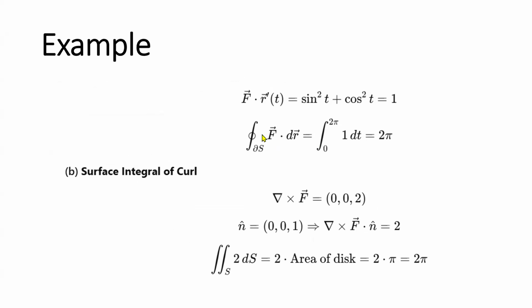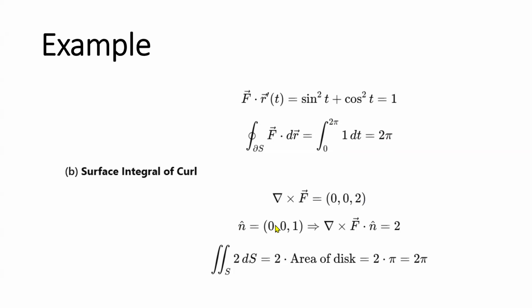So the integral of F dot dr over the closed curve del S is the integral from 0 to 2 pi of 1 dt, which comes to 2 pi. Now for the surface integral of the curl, del cross F comes out as (0, 0, 2), and n is the unit normal vector across the surface.